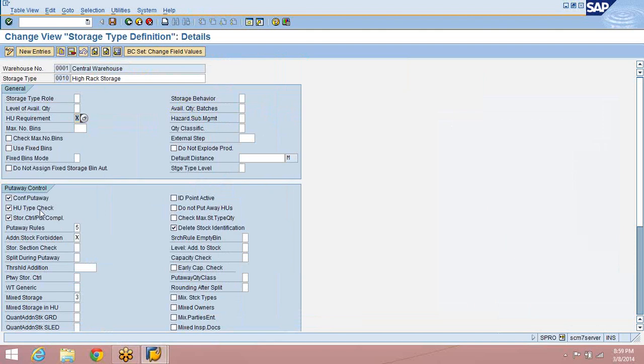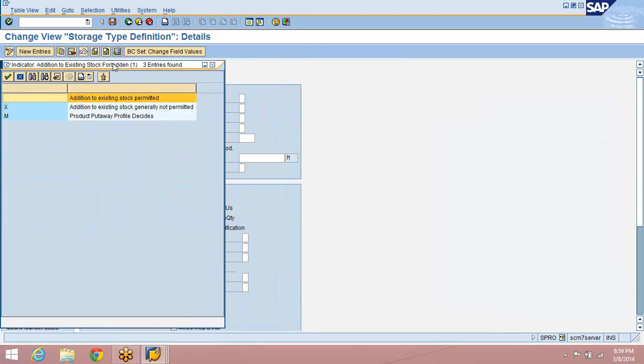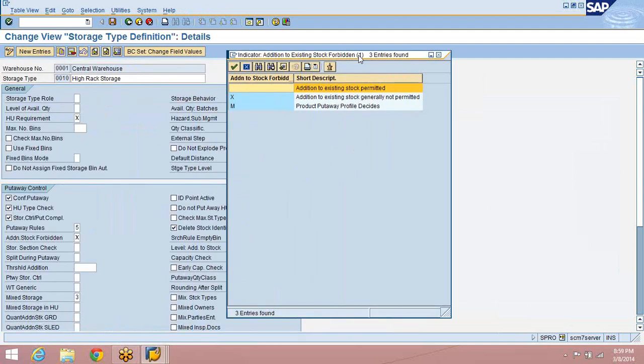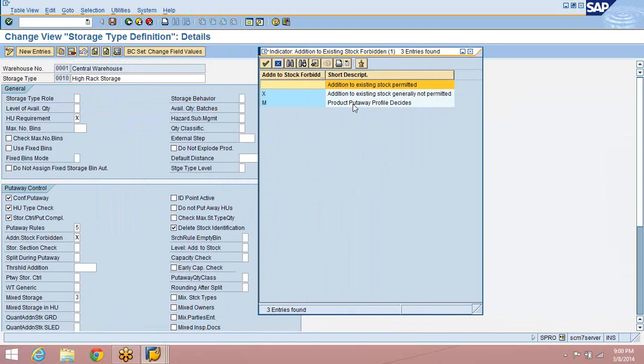Based on that, you can have your HU type checks and all that. This addition to stock option is there if you want to add stock to the same bin. You have this in ECC also, but they have given some profiles so that you can combine all the characteristics together.